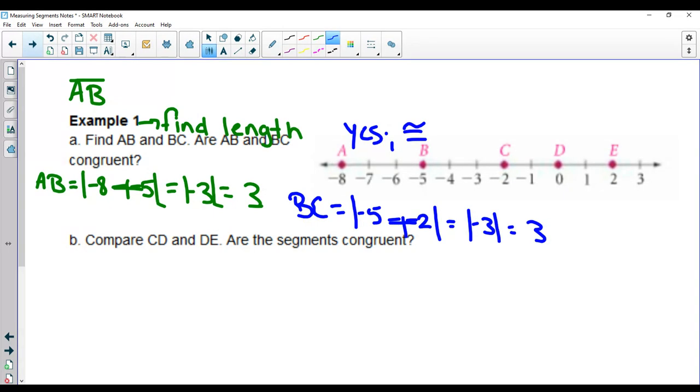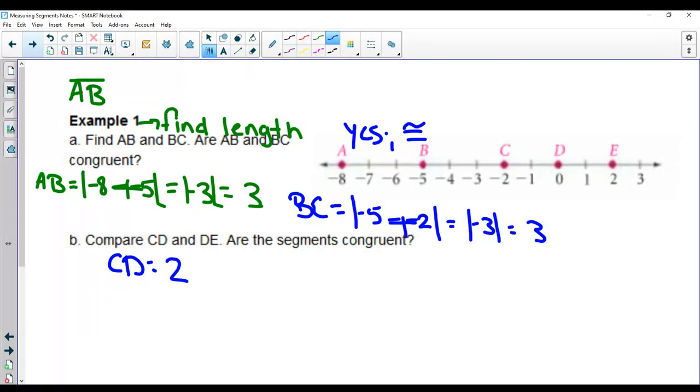Let's look at CD and DE now. On this first example, I used the actual ruler postulate to show you how it works. But you're probably thinking, can I just count on this number line how far it is from C to D and D to E? Of course you can, especially when you actually have the number line. So let's look at CD. 1, 2. Boom, it's 2.